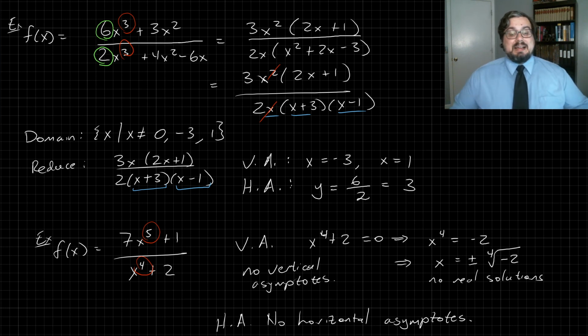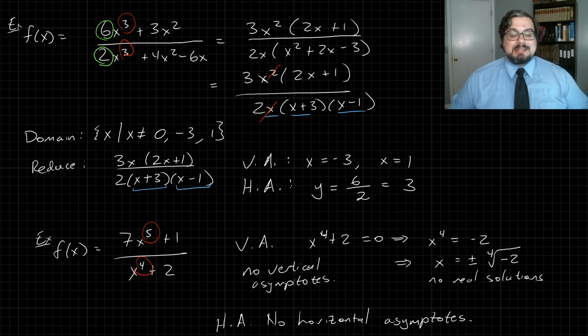So this is an example of a rational function with no vertical or horizontal asymptotes. They do show up sometimes. They give us a little bit less to work with than many other functions, but they are ones that do show up occasionally. Now, it turns out this function does have a slant asymptote.